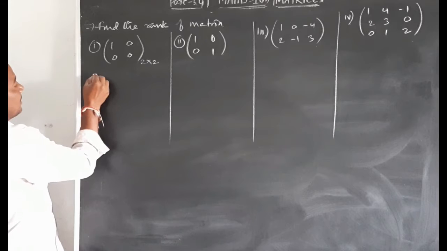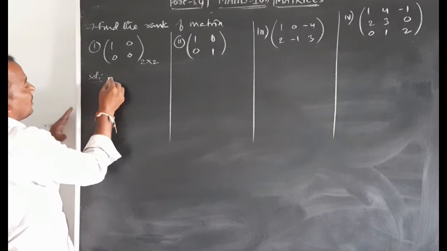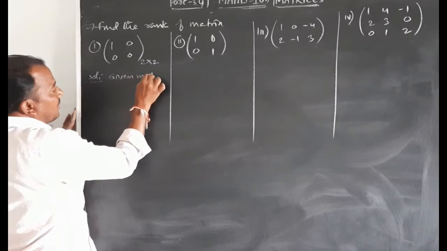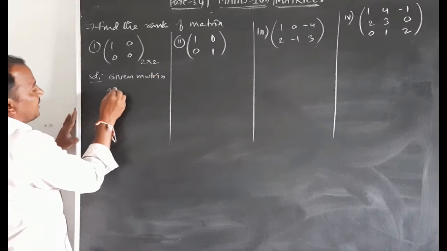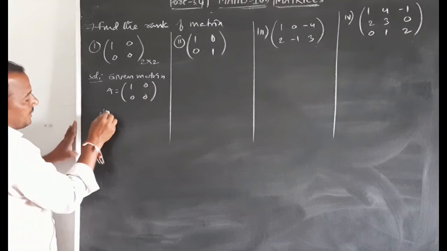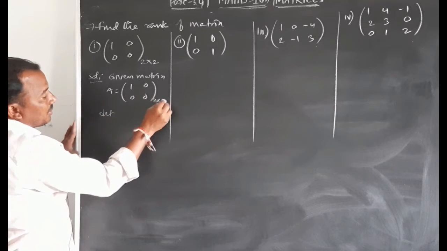Given matrix A equals 1 0 0 0. Find det A, a 2 by 2 square matrix.